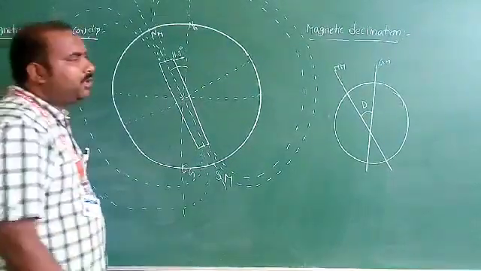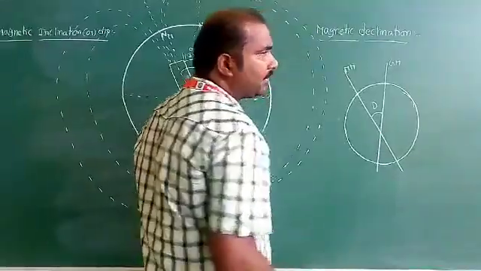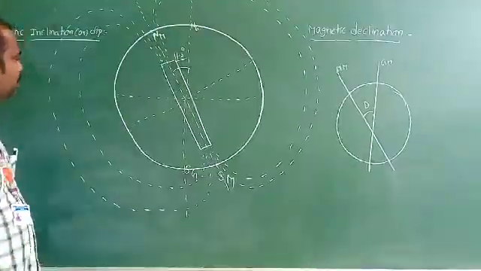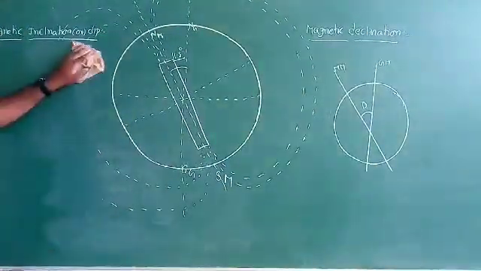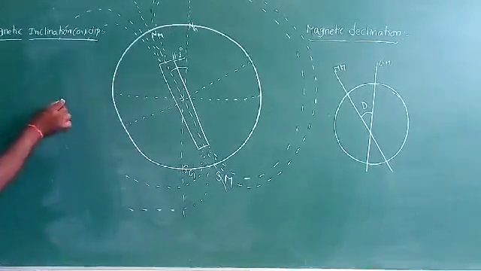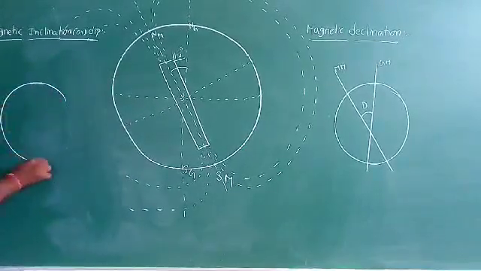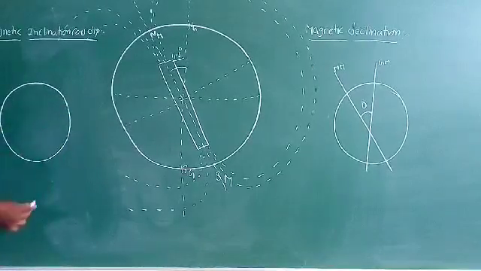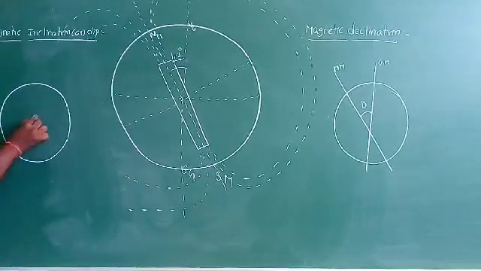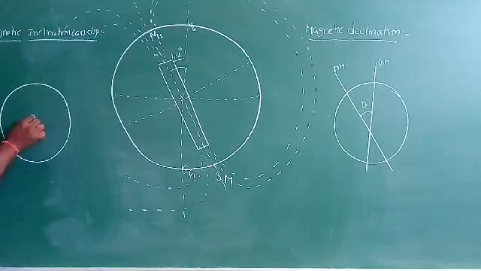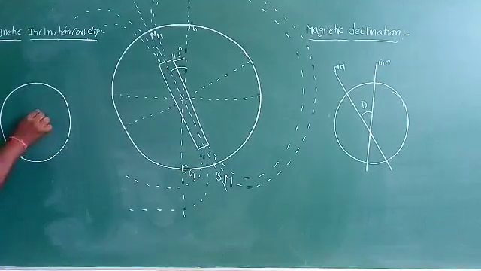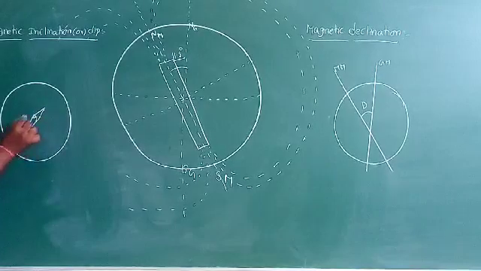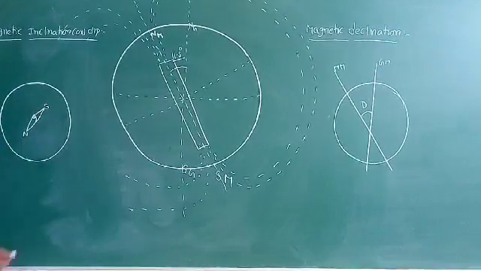Now I am observing all these quantities horizontally. Suppose I take one vertical circle. This is the vertical circle. In this vertical circle, this is the compass needle.